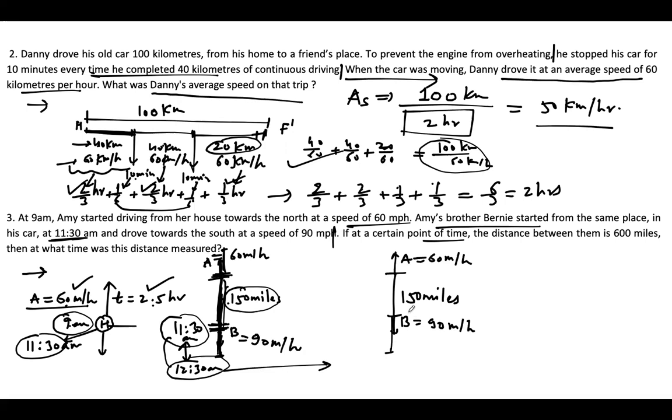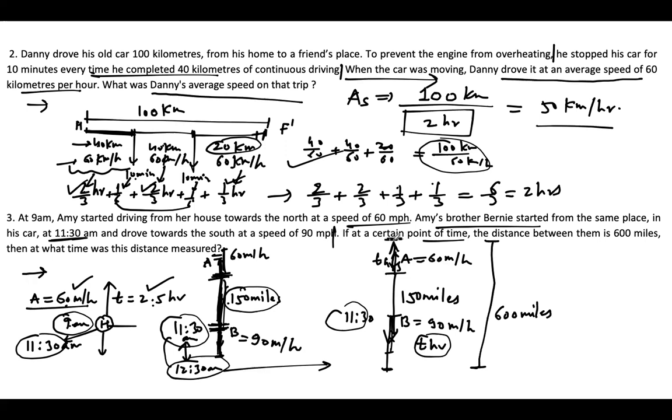See, right now the time is 11:30, and right now B has just started traveling. A will also travel. So if B is traveling for T hours, A will also travel for T hours. What is constant again? Time. They are traveling 600 miles.